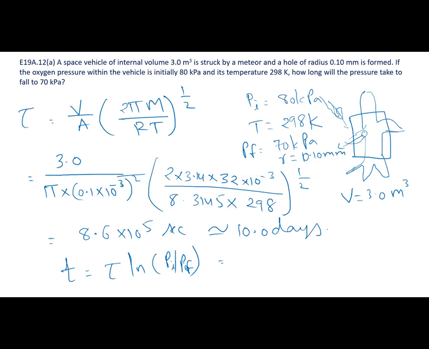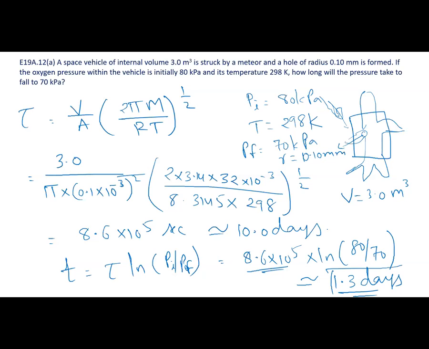So it becomes 8.6 times 10 power 5 times ln 80 over 70. Instead of this, you can also use 10 days. If you do the math, the final answer you get is 1.3 days.